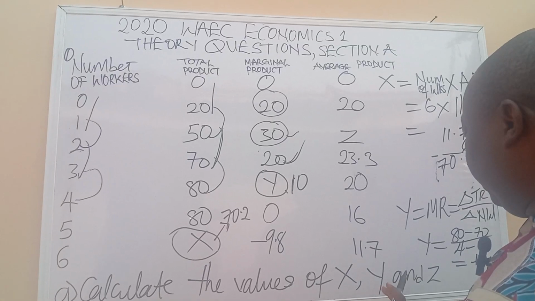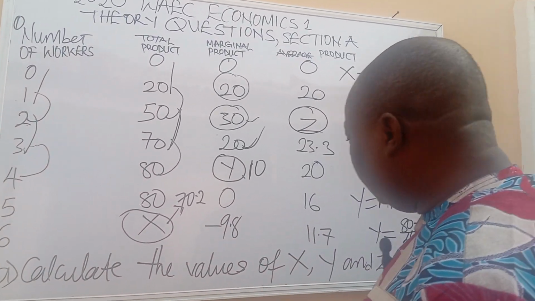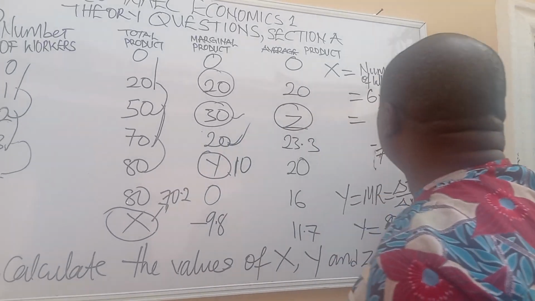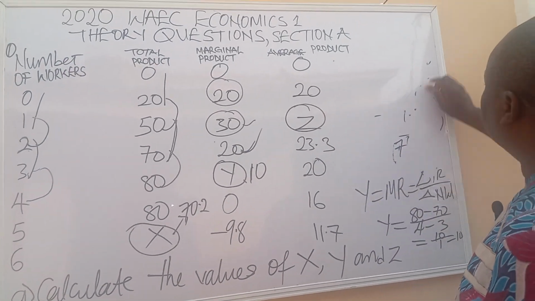Now how do you get Z? Z is average product. So how do we get that?